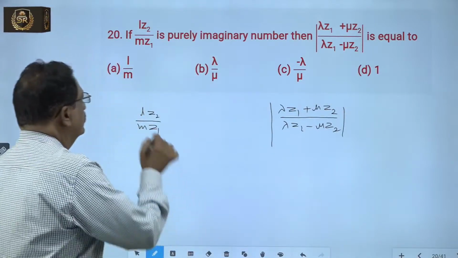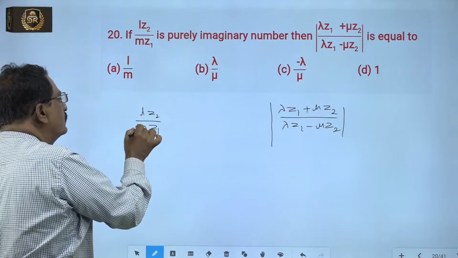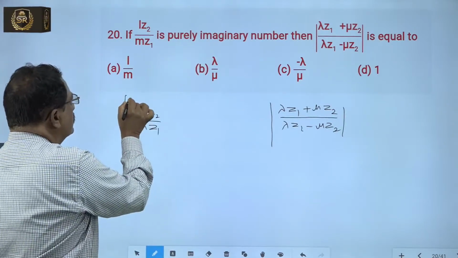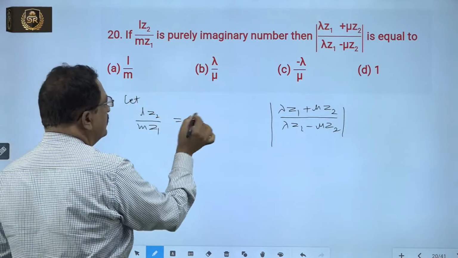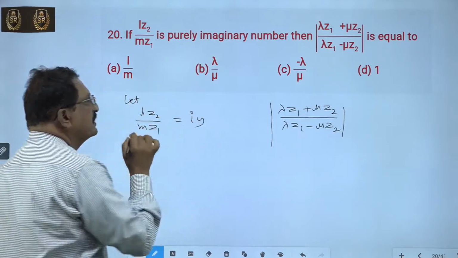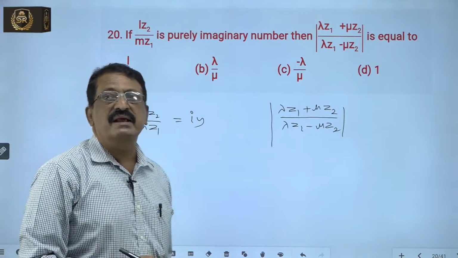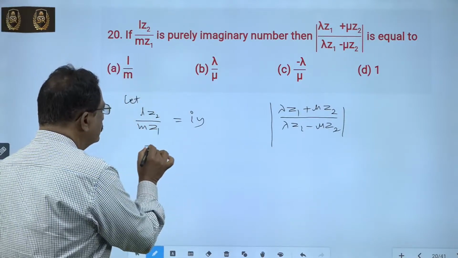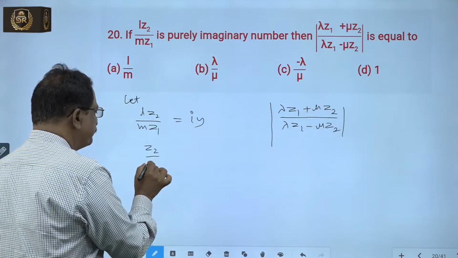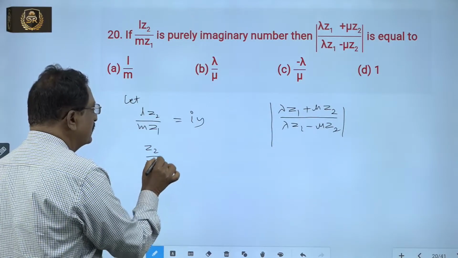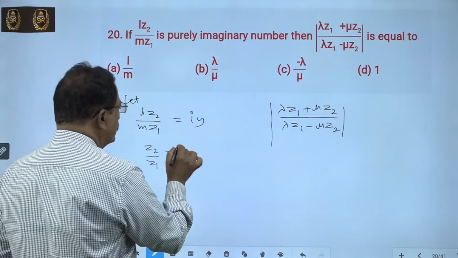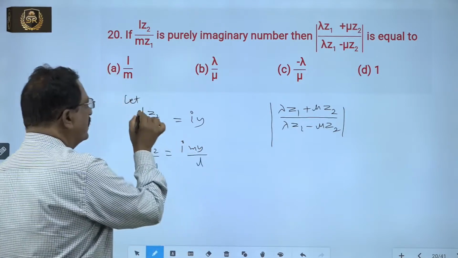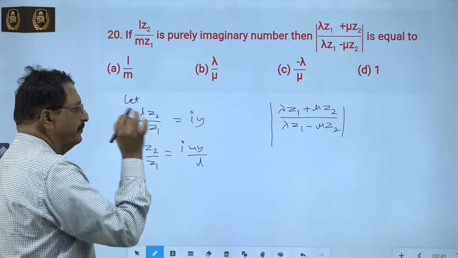Okay. Here given λz2 by μz1 is purely imaginary. Let it equal some iy, because for purely imaginary the real part equals 0. Now z2 by z1 equals iμy by λ. Okay.